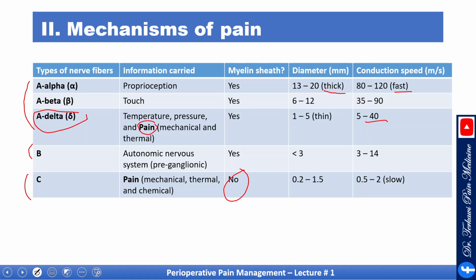Then we have B fiber, which is autonomic nervous system, specifically here preganglionic, again myelinated, small. C nerve fibers, again carry the pain. It is not myelinated. It is small, so it is slow.